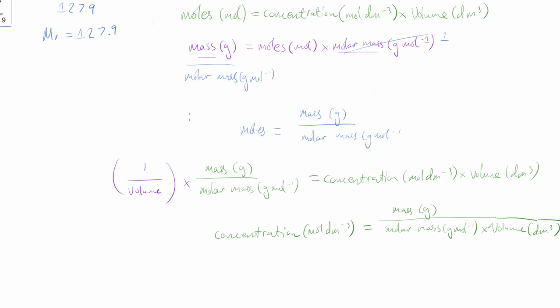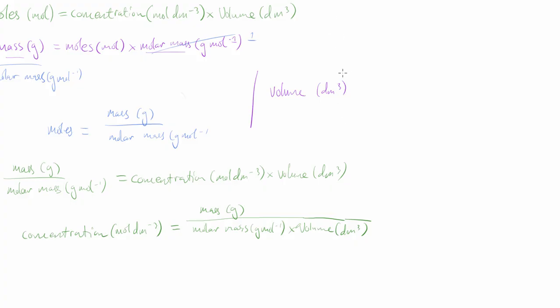When we're doing the substitution, I'm going to use a space up here: the volume in decimeters cubed is effectively equal to the volume in centimeters cubed divided by 1000. And this is just the unit conversion, converting the units to the decimeters cubed value.